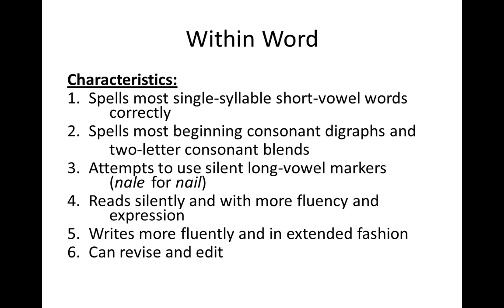And as you can see on page 16, in table 1-3, we see once again the early, the middle, and the late. In the early, we see the ability to spell the initial and final consonants, as well as some of the regular short vowel patterns. But they may be having difficulty using long vowel markers.